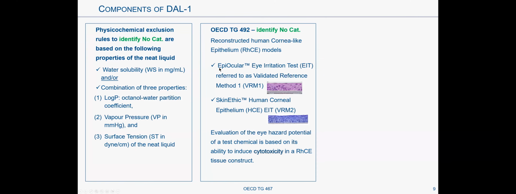And we evaluated 2 methods, EpiOcular, which is called validated reference method 1, as in the guideline, and then SkinEthic human corneal epithelium method, which is called VRM 2, as in the guideline. For both methods, the evaluation of the eye hazard potential of a test chemical is based on its ability to induce cytotoxicity in the RhCE tissue construct.